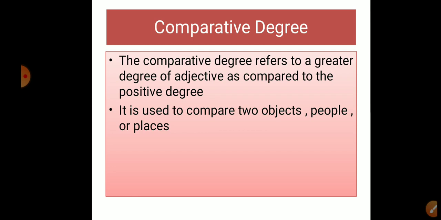So here we are making comparison between two things, two objects, two places, two groups. The comparative degree refers to a greater degree of adjective as compared to the positive degree.